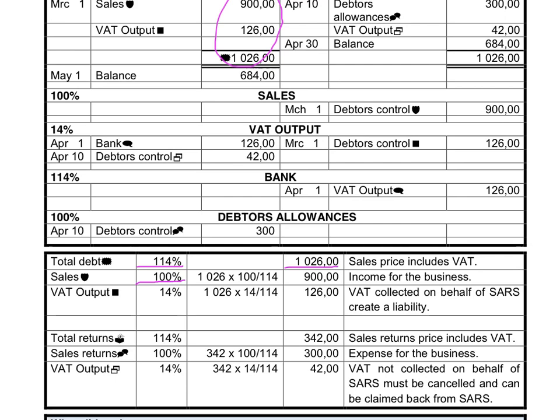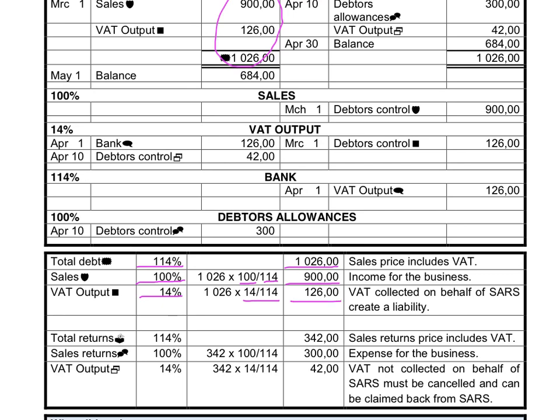So 1026 times the amount that we want over the amount that we know, 114, will then give us the income for the business. So the income that will be recorded in the sales account and will also be recorded in the income statement. The VAT output will be 14% of that 114, and that will give us 126 Rand.